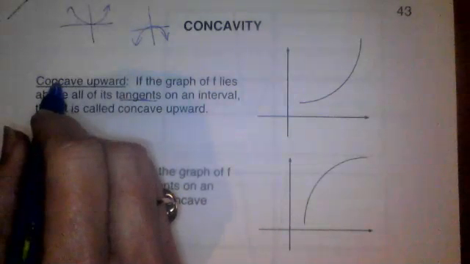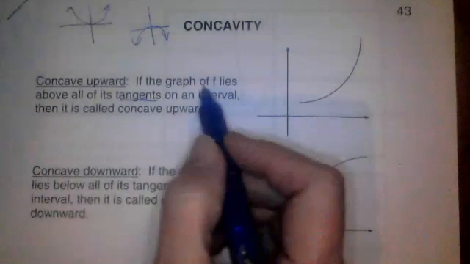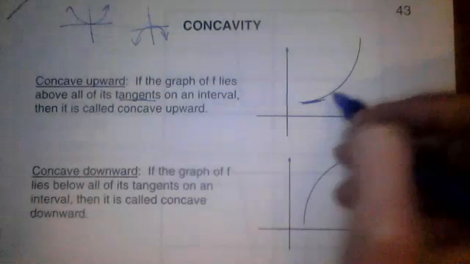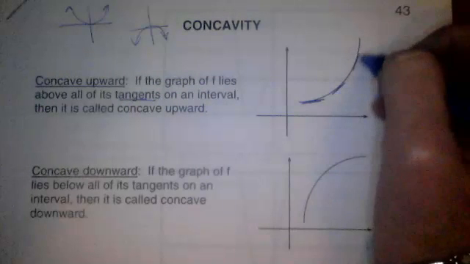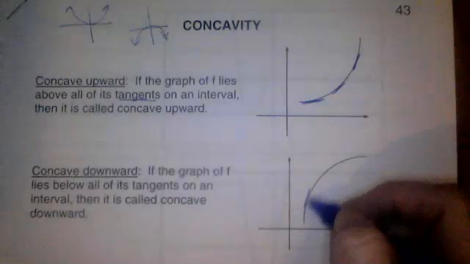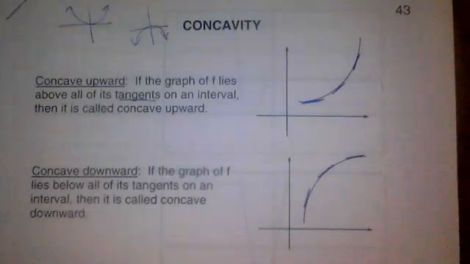It's concave up if the curve is above all of its tangents. If the tangents are below, that's what I was trying to say, your tangents are below the curve, then it's concave up. And it's concave down if the curve is below and the tangents are above.